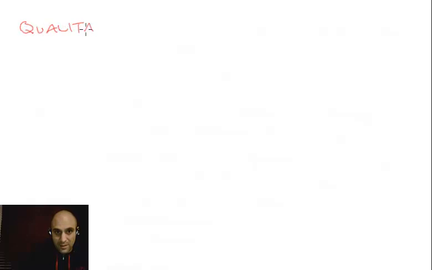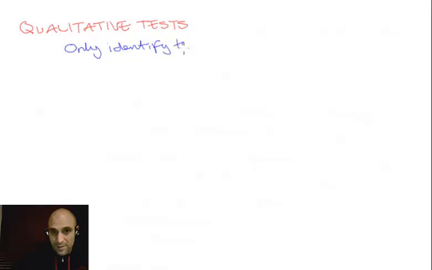So, qualitative tests. Qualitative tests are tests that, well, in chemistry, they're tests that only identify which chemical is present. Okay, so they only identify the presence of a chemical.